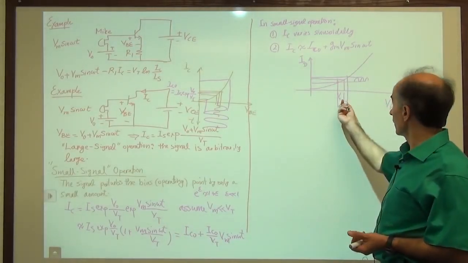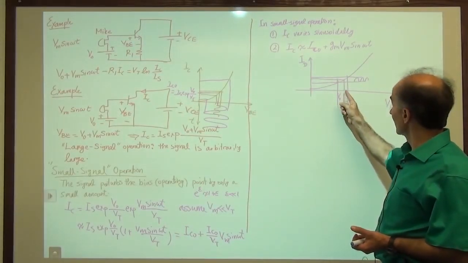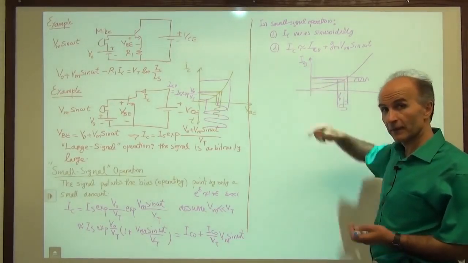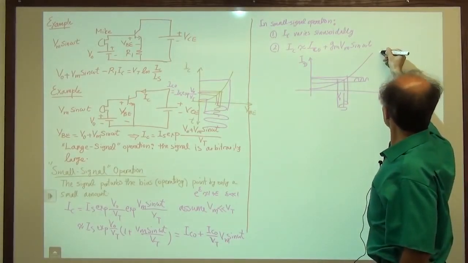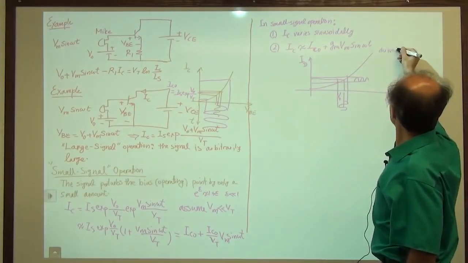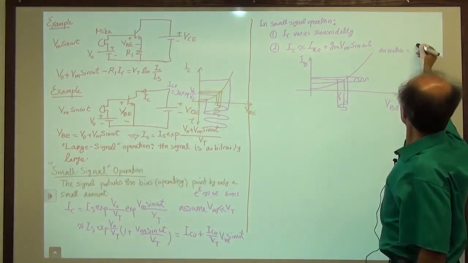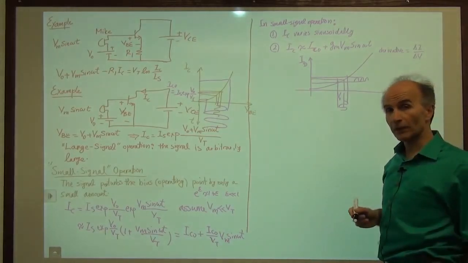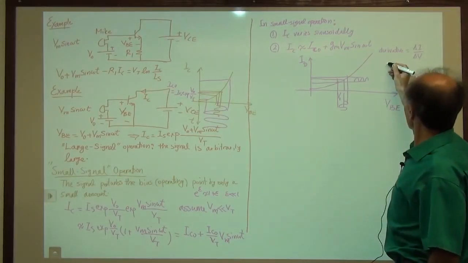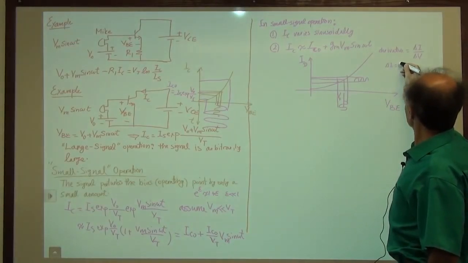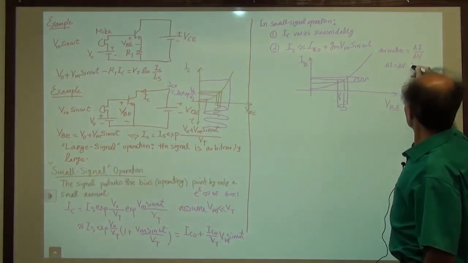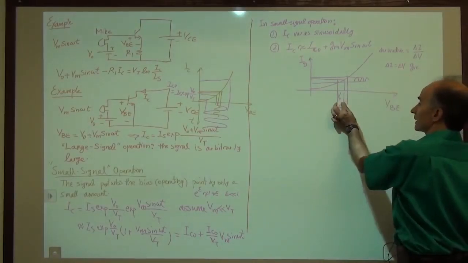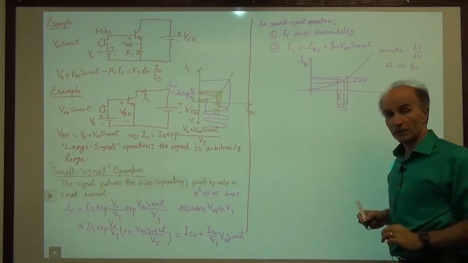Well, if this is very small, we know that delta V times the derivative gives us delta I, because we know that the derivative is equal to delta I over delta V when both delta I and delta V are very small. So I can say that delta I is equal to delta V times the derivative, which we call Gm. So the voltage fluctuation times Gm gives me the current fluctuation.